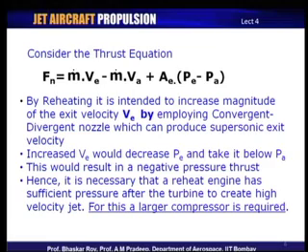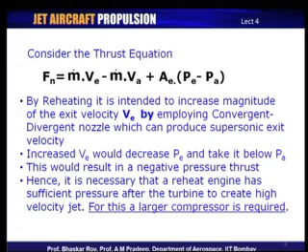By reheating the engine, it is intended to increase the exit velocity V e, essentially by employing a convergent divergent nozzle, and as I just mentioned, it is capable of producing supersonic exit velocity. Now, increased velocity would decrease P e, and this is what the danger is, that it could take it below the atmospheric pressure P a, and which means at the exit phase it would have a negative balance of pressure.